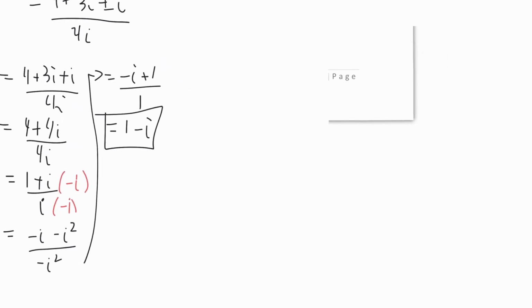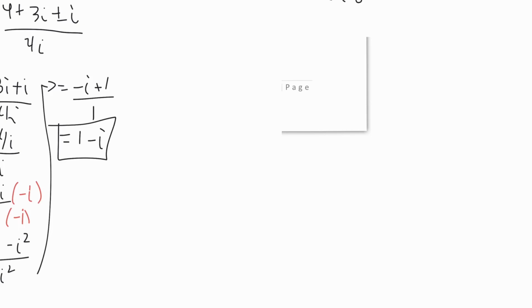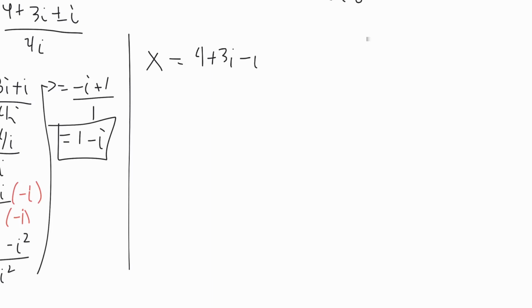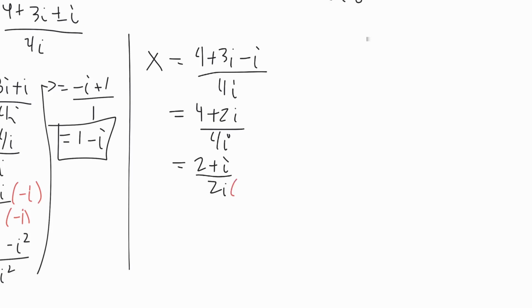Let's do the other one. So we have x equal to 4 plus 3i minus i over 4i. So 4 plus 3i, we'll make that a 2i over 4i. We divide everything by 2, so 2 plus i over 2i. Then we need to multiply by the conjugate here, so negative 2i.